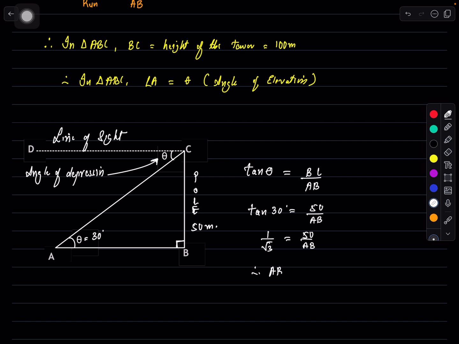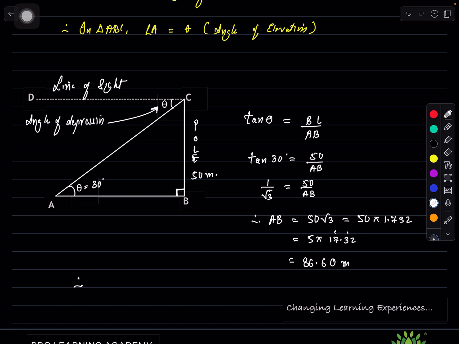Therefore, AB is 50 root 3, which is 50 times 1.732, which could be written as 5 times 1732. Thus, on multiplication, we will get 0 here, 6, 1, 86.60 meters is the distance AB.